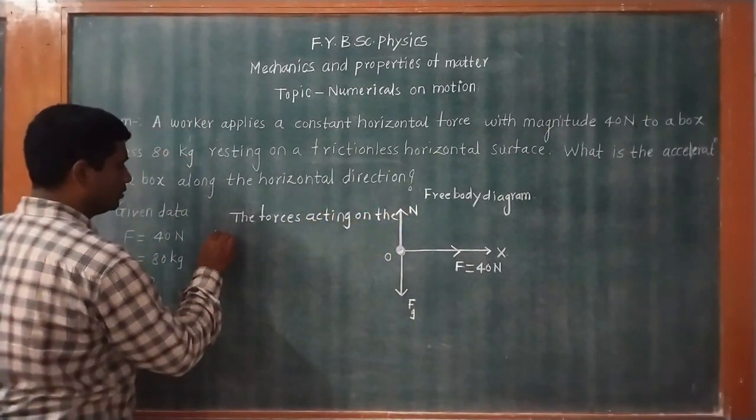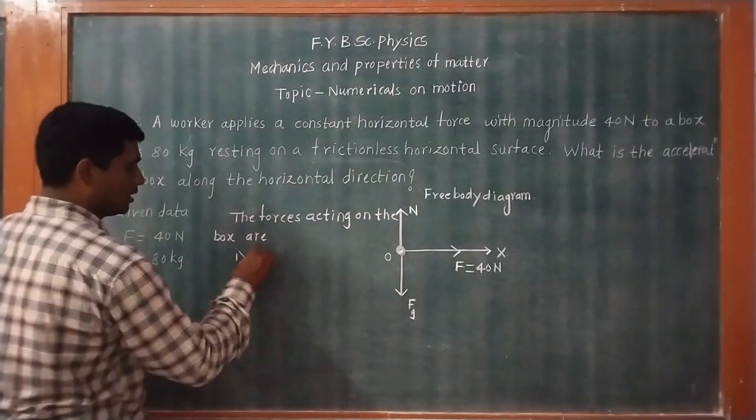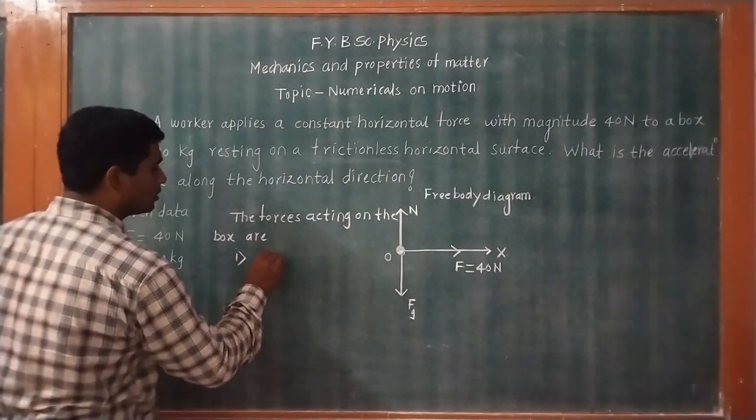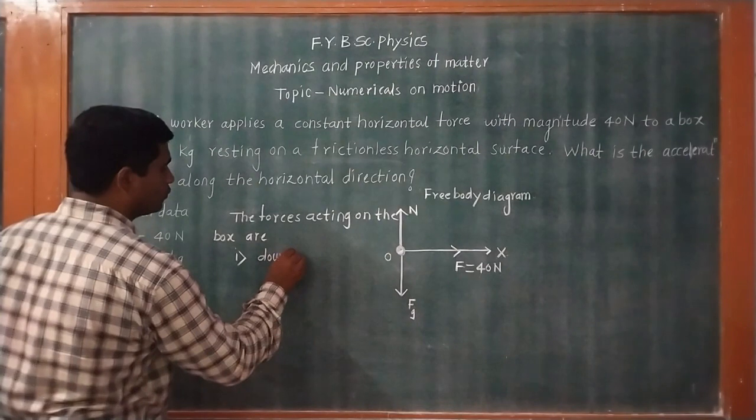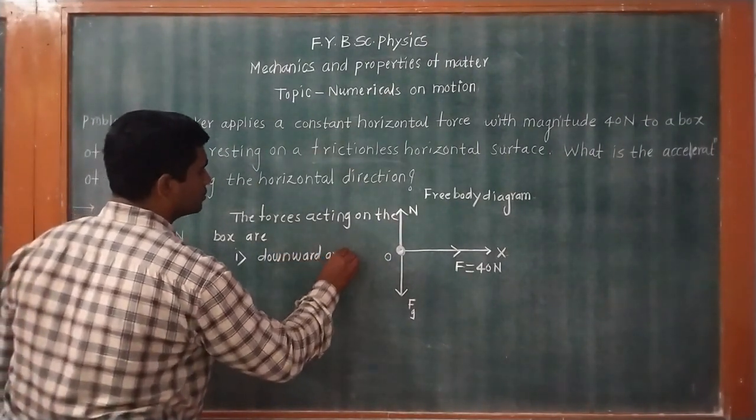Forces acting on the box are, number one, the downward gravitational force.